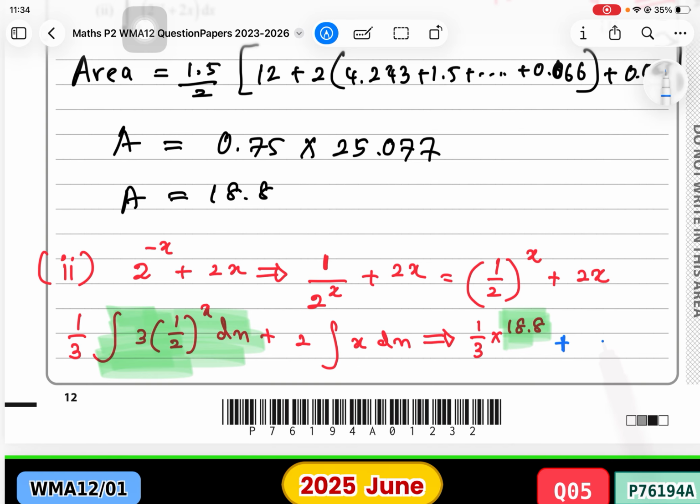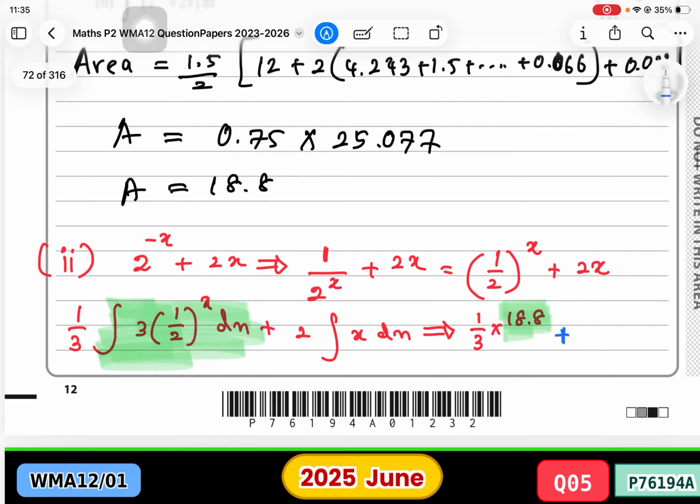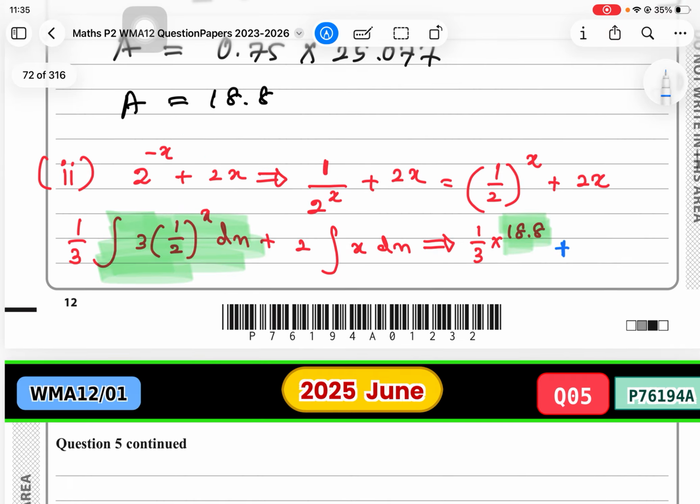So whenever we have the 2x values, we can again come back to the normal way. Let me integrate this separately.